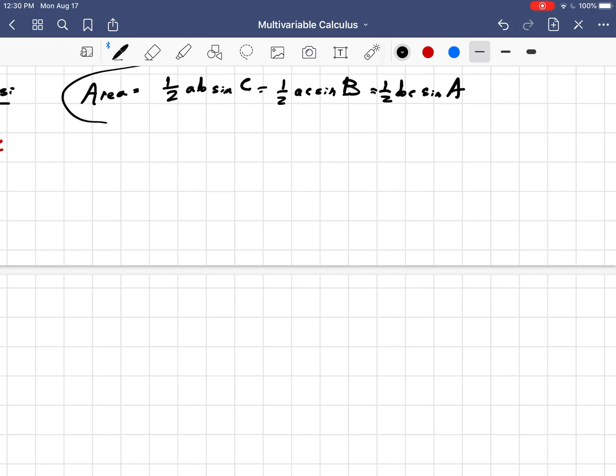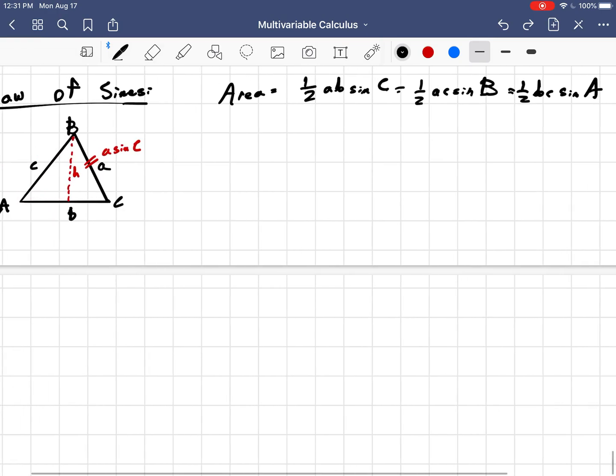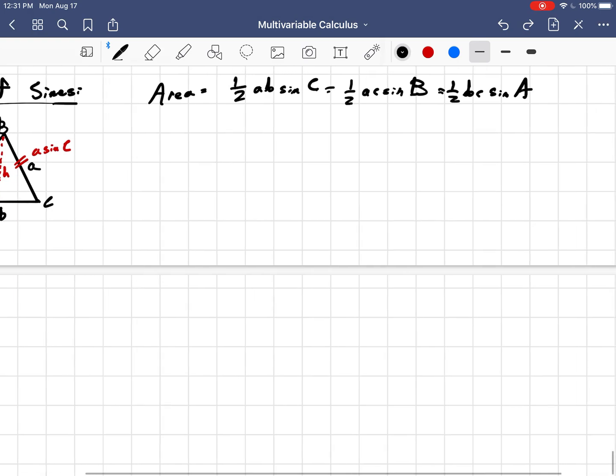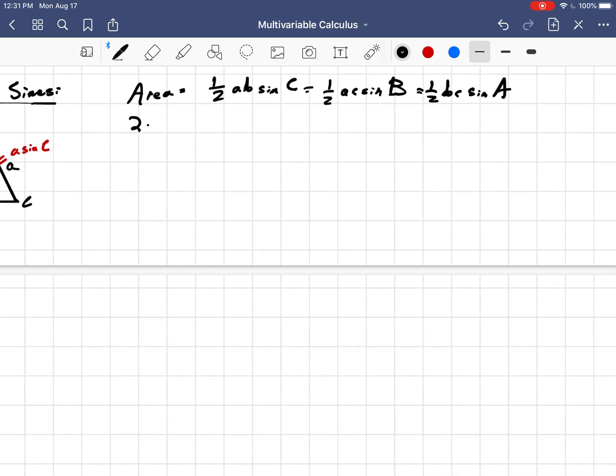If I take this whole thing and I multiply by 2 and I divide by ABC, and I can divide by ABC because the sides are greater than 0, otherwise we don't have a triangle, it would be degenerate. So 2 times the area over ABC is equal to sine C divided by C, because I divided this whole thing by ABC, and then the A and the B's would cancel, right? So I just have sine C over C.